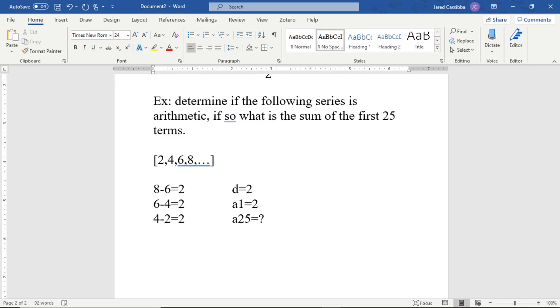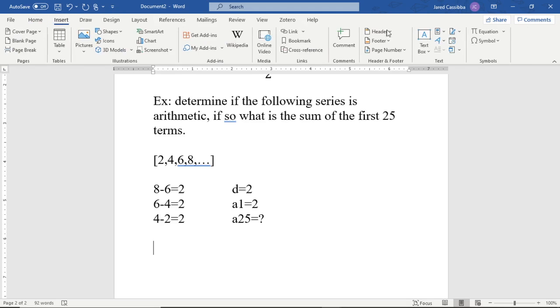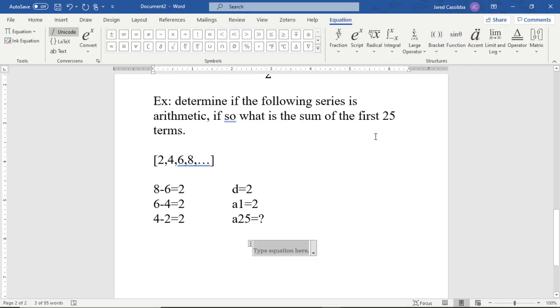Again, that equation is a_n, and the n is now 25. We want to know what the 25th term is. It equals the first term, well that's 2, plus our difference, which is 2, times 25 minus 1, since we want the 25th.